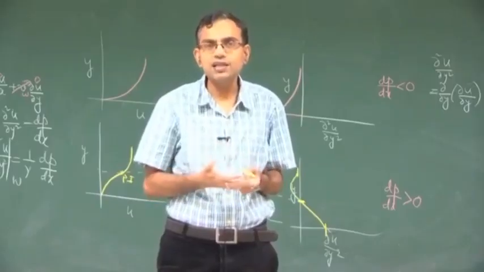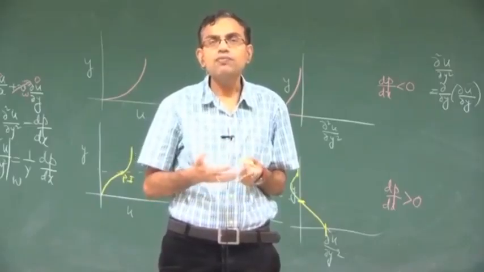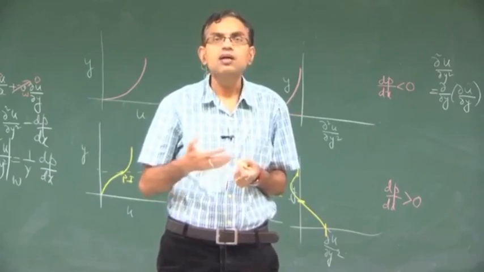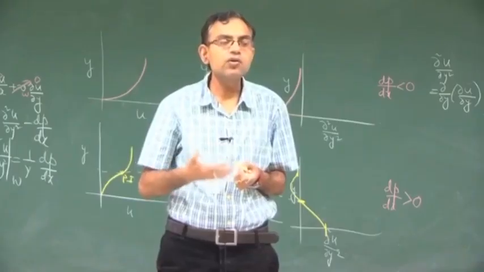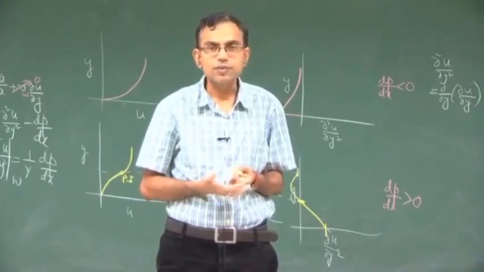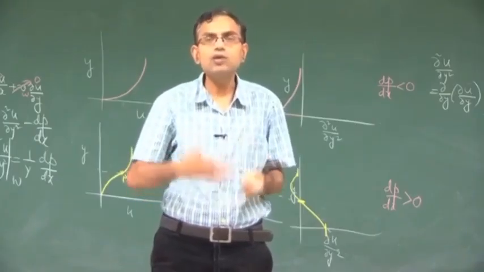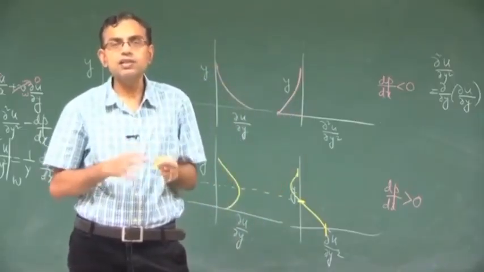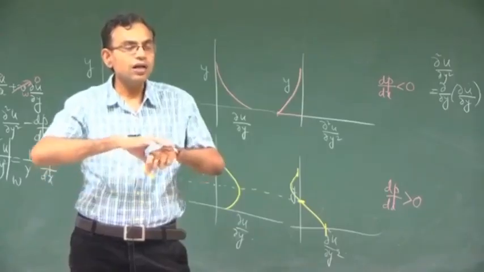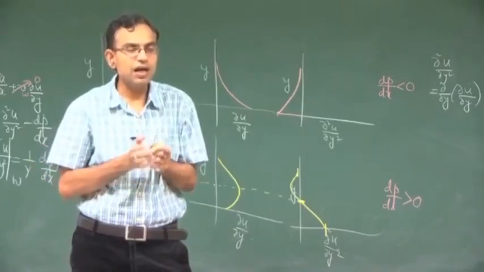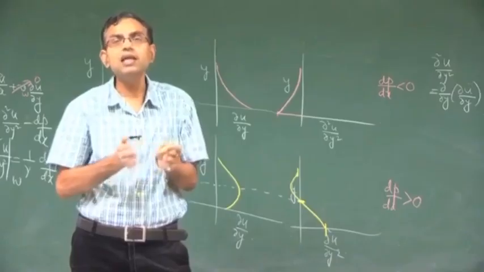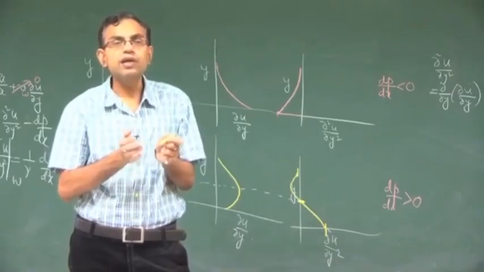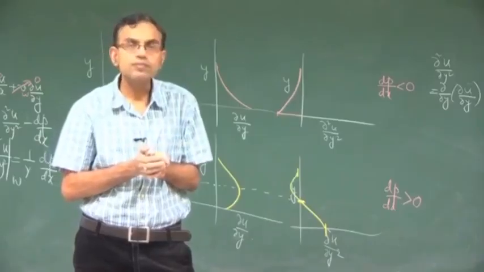We will discuss that when we have completed a little bit of discussion on what is turbulence and some introduction to turbulent flows, and then we will come back to this point and discuss that if you have a turbulent flow instead of a laminar flow, how the drag force distribution changes and how that can influence an engineering device and even motion of cricket balls or tennis balls. Thank you very much.